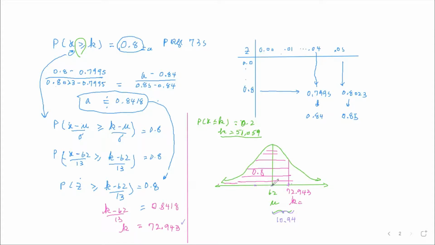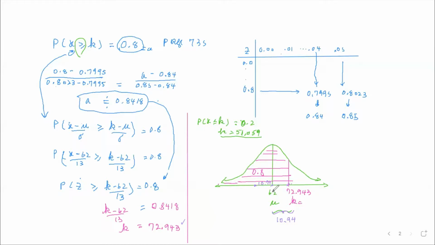So the distance from 62 to 72.943 is 10.94, and it should be 10.94 on this side also, from mu to this point.